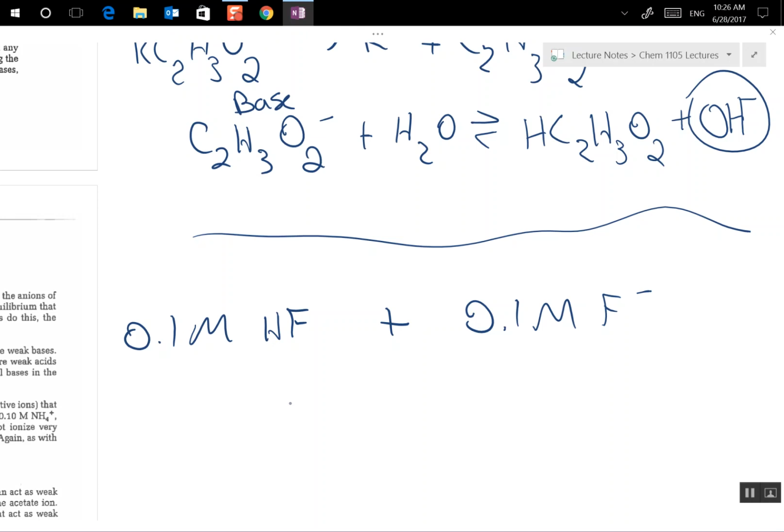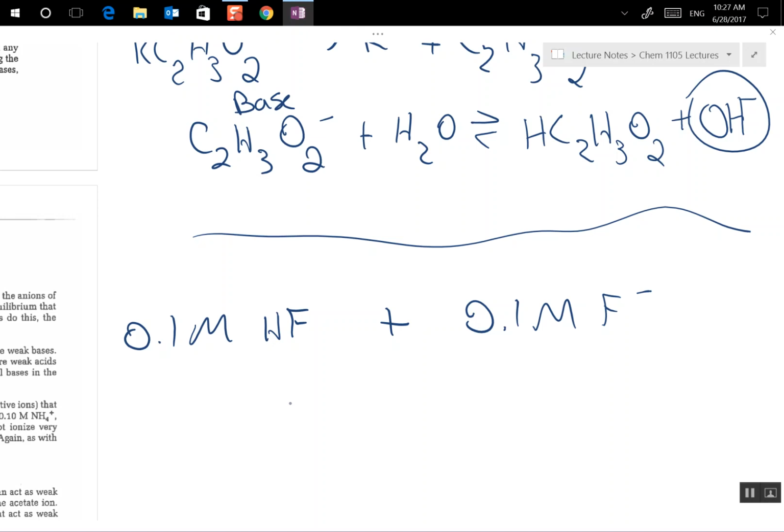So if I take water and I dump some acid in it, the pH is going to drop drastically and very fast. Okay? But if I take a buffer system like this, HF and F minus, and I put some acid in it, then the pH will be maintained. It's not going to change.